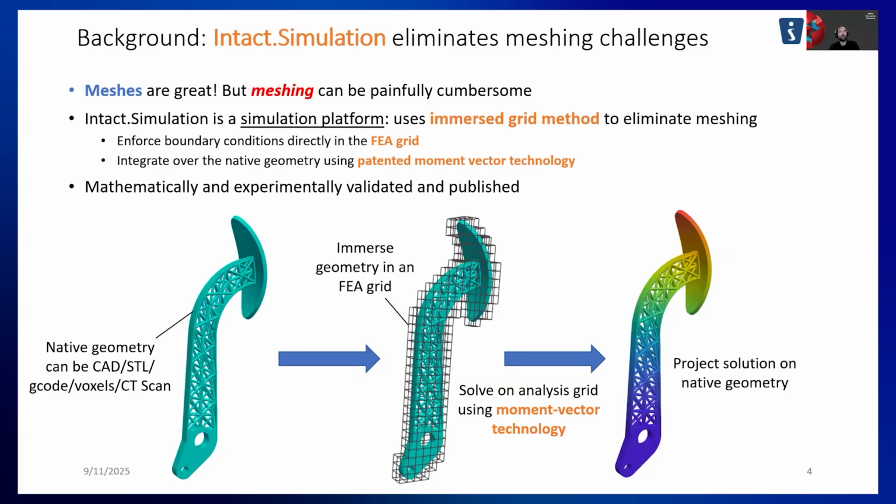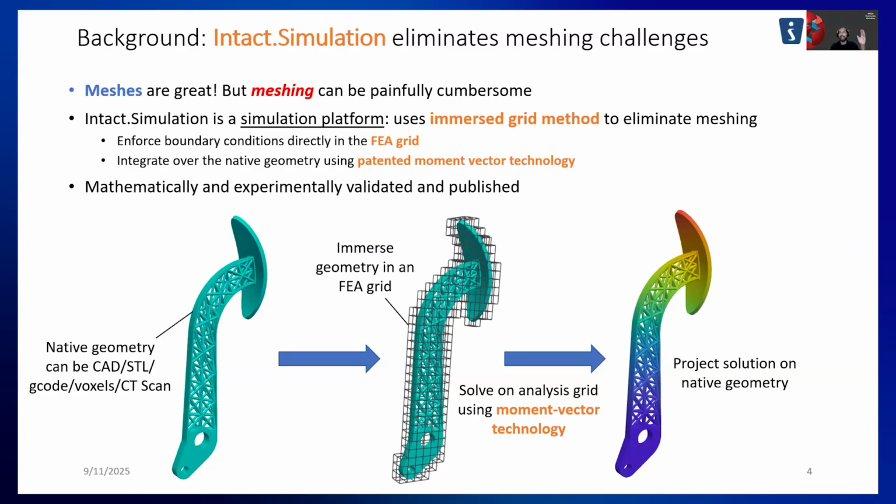So at Intact, we developed this simulation platform called Intact.Simulation. It uses an immersed grid methodology to eliminate meshing. I think some of you may be aware of the immersed grid idea, but essentially in this picture, on the left you have some geometry. This is a brake pedal example, and it's native geometry. It can be in any format: CAD, STL, G-code, voxels, scan data.